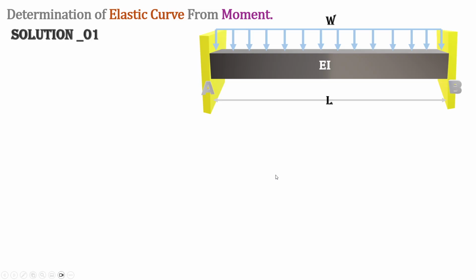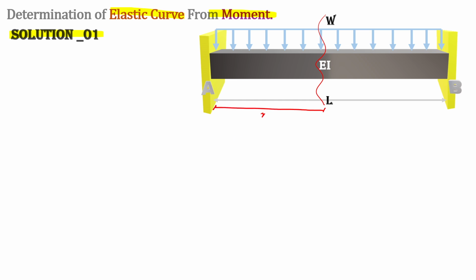So in the first solution, which is the determination of the elastic curve from the moment equation, this is our first solution, elastic curve from moment. And in solution 2, in the next video, we'll solve it with the moment area approach.